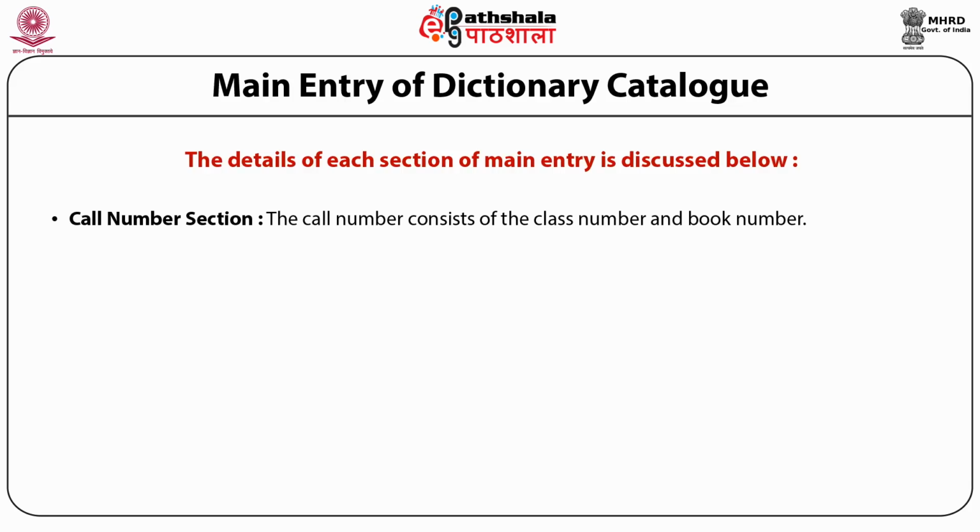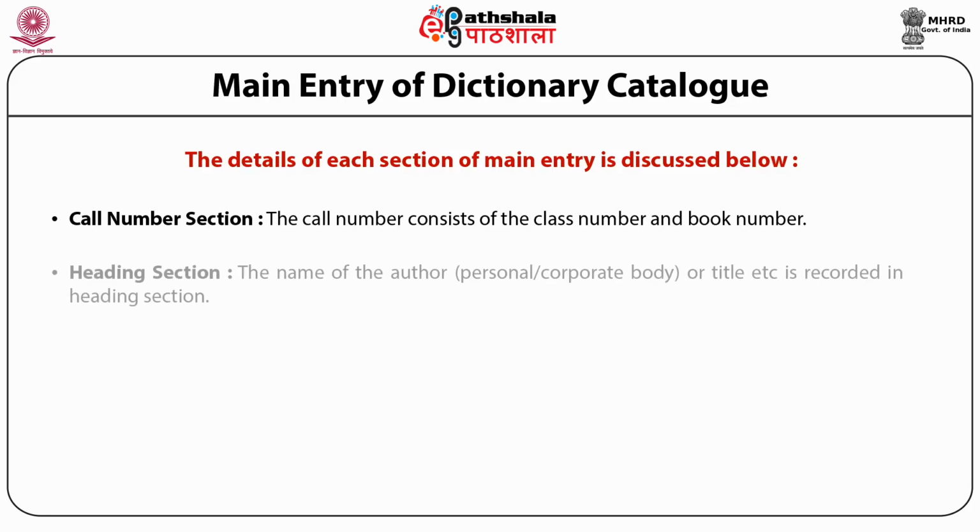The class number is transcribed one line above the leading line, horizontal line, after leaving one space from the left edge of the card. The book number is transcribed on the leading line after leaving one space from the left edge of the card. Second section is heading section. The name of the author, personal or corporate body, or title, etc.